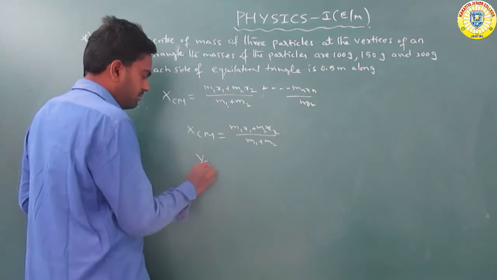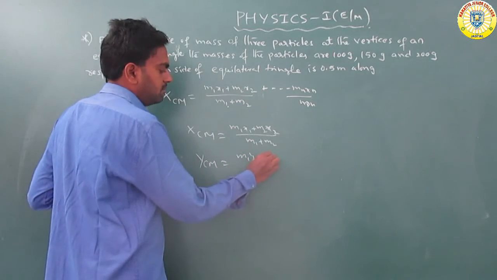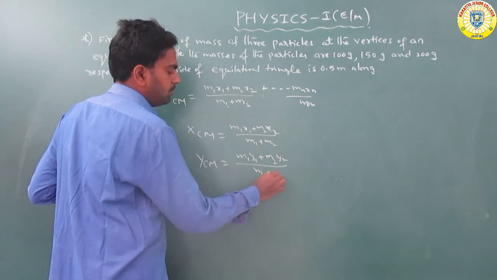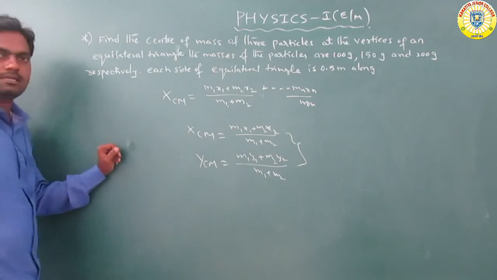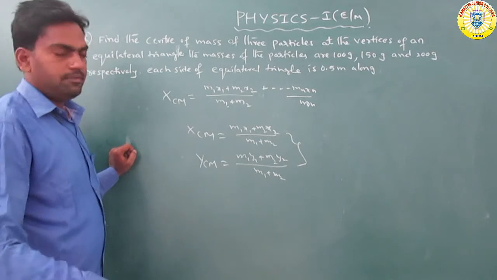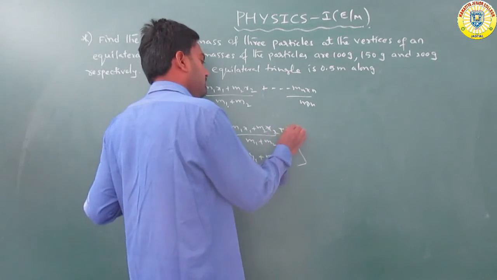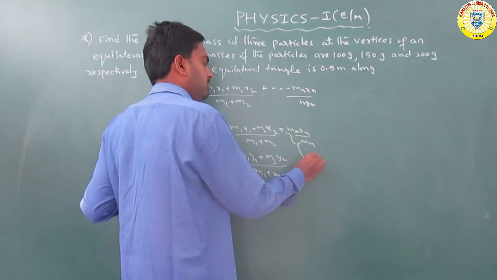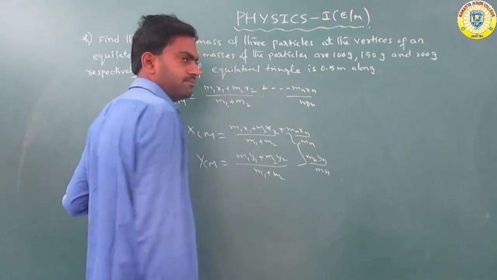Similarly, ycm is equal to m1 y1 plus m2 y2 by m1 plus m2. This is the center of mass of a two-dimensional system. For n particles, it is the sum of mn xn and mn yn, divided by the total mass.